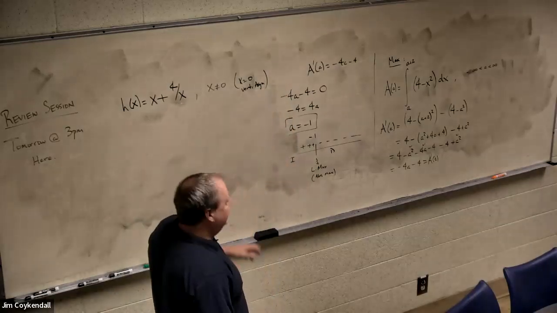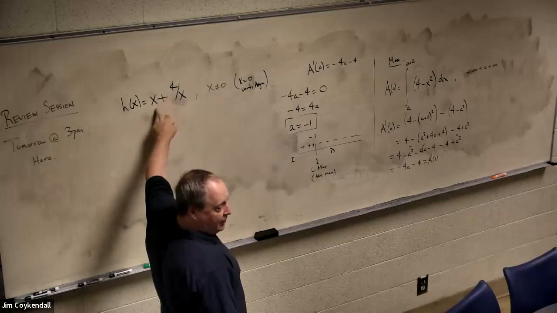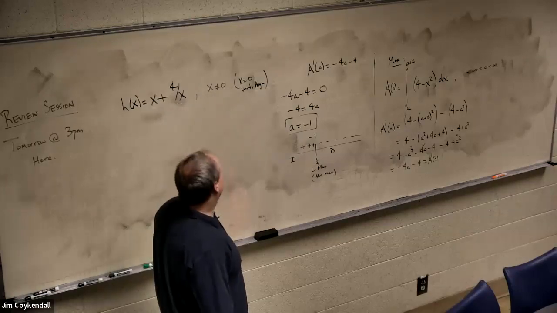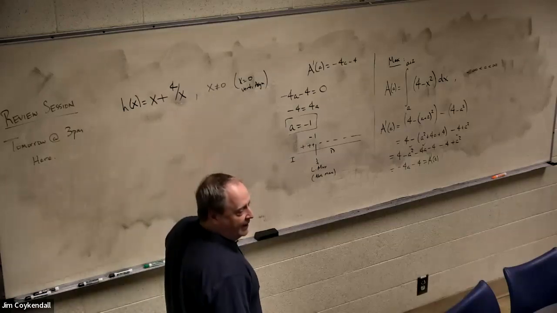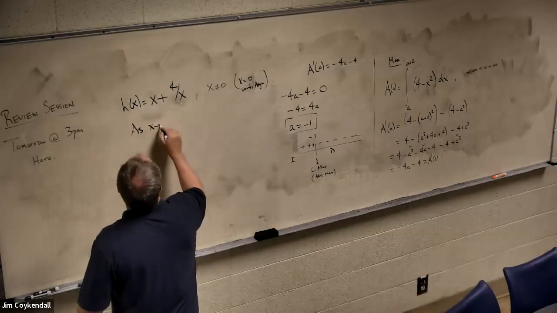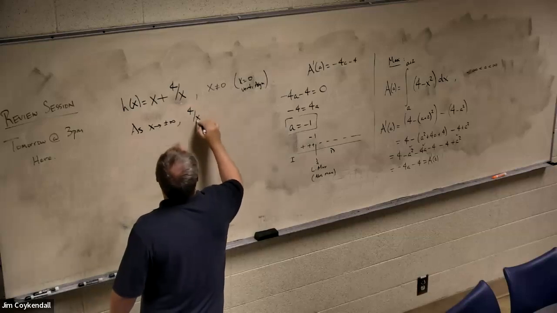Now, notice as x goes to infinity, this goes to infinity, and as x goes to negative infinity, this goes to negative infinity as well, which can be more descriptive than that, because this one actually has a slant aspect. As x goes to plus or minus infinity, 4 over x goes to 0.